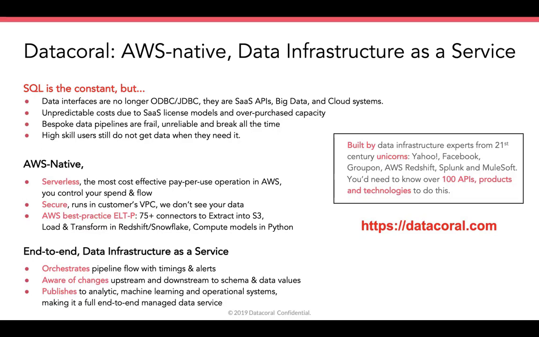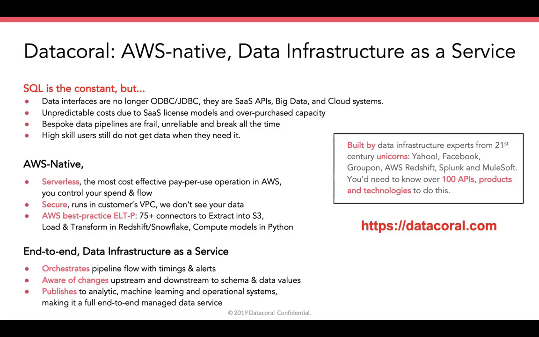We're eliminating a lot of those unpredictable costs. We're helping eliminate and dramatically improve the reliability of data pipelines, and you allow your high skill and high value workers, your data scientists, your data engineers, to increase their percentage time investment in data. That's to me a really huge deal.